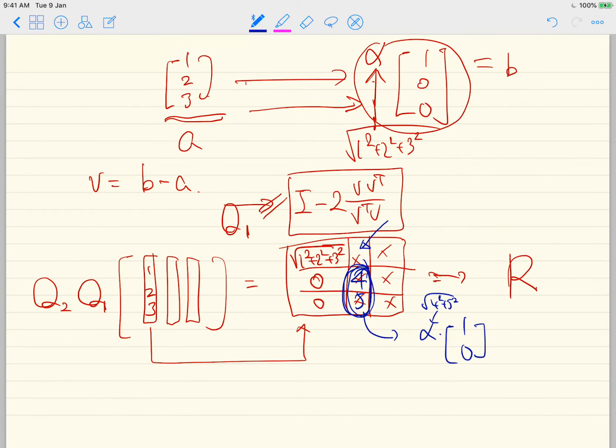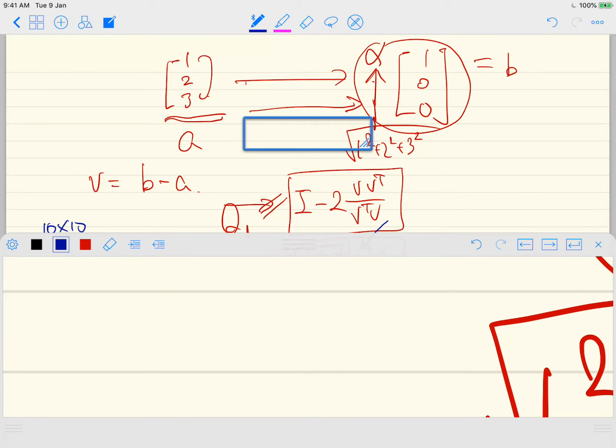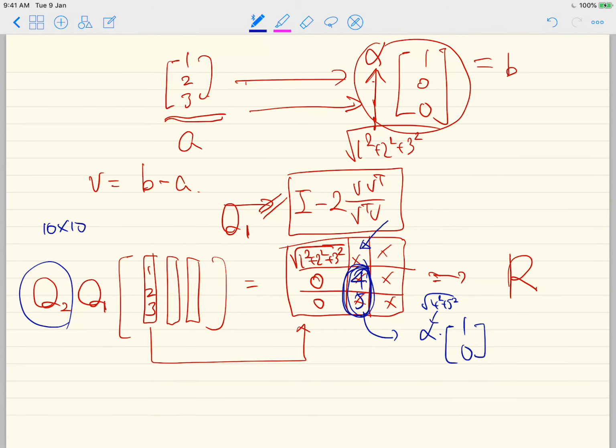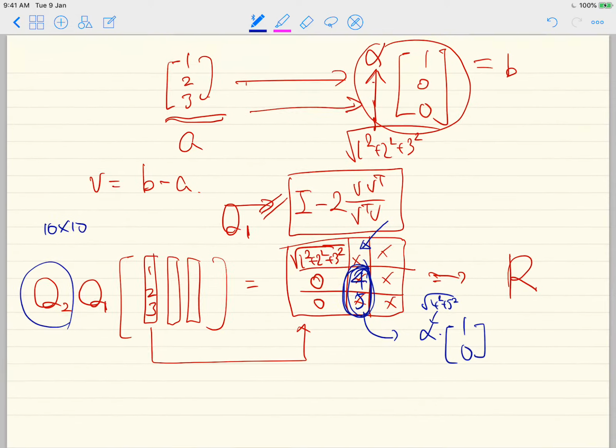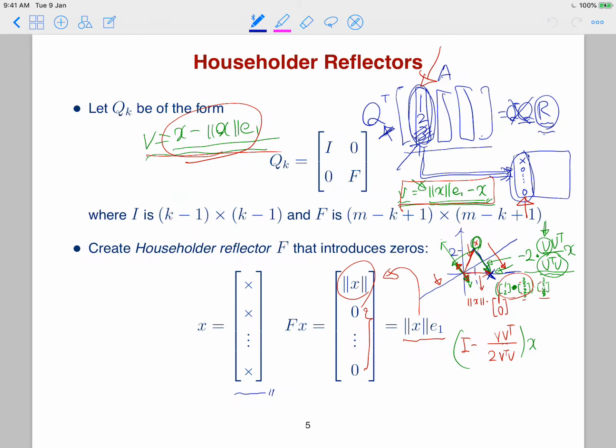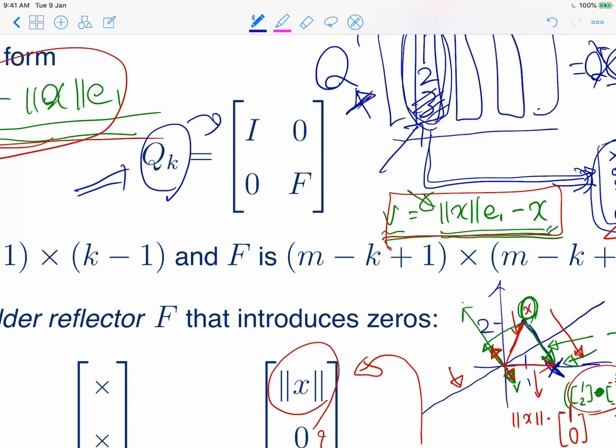So this matrix Q2 is still a 10 by 10 matrix, right? To handle this, we actually embed the smaller reflector matrix into this 10 by 10 matrix, and this is how. For example, our Q2 is composed of these sub-blocks, or this block matrix.